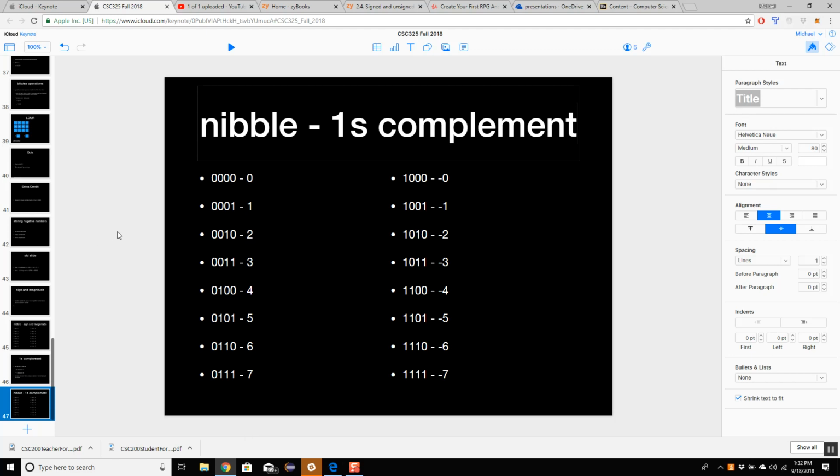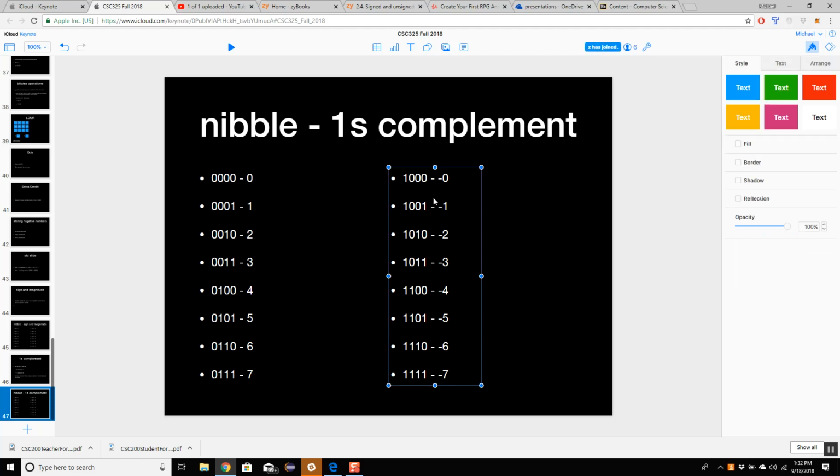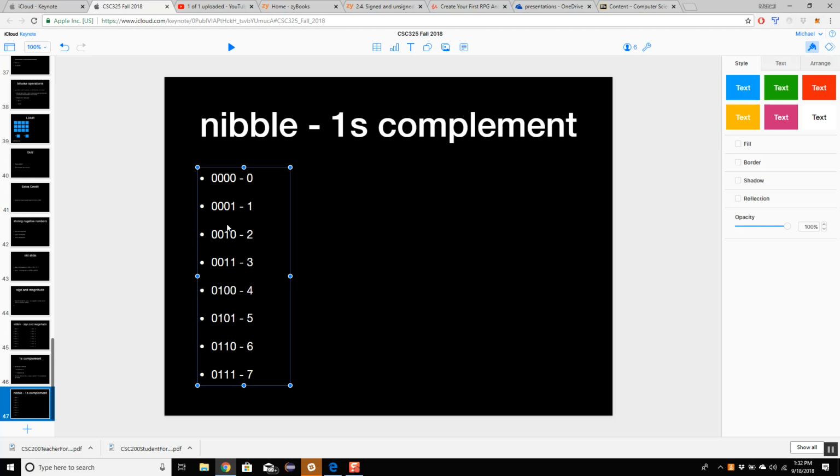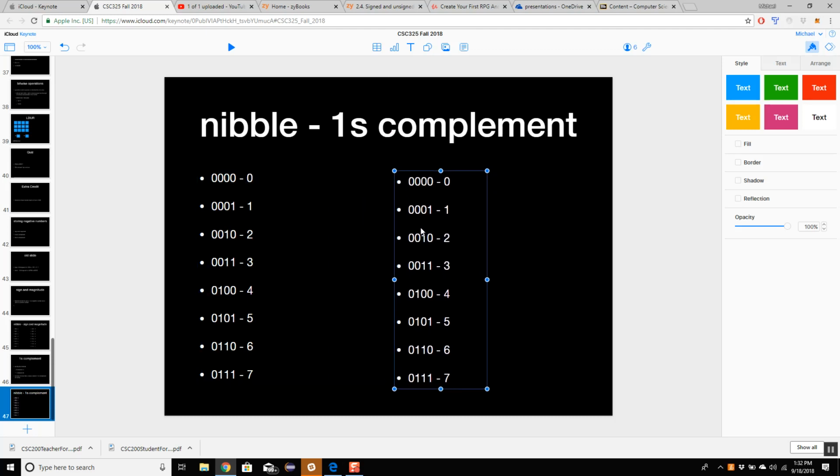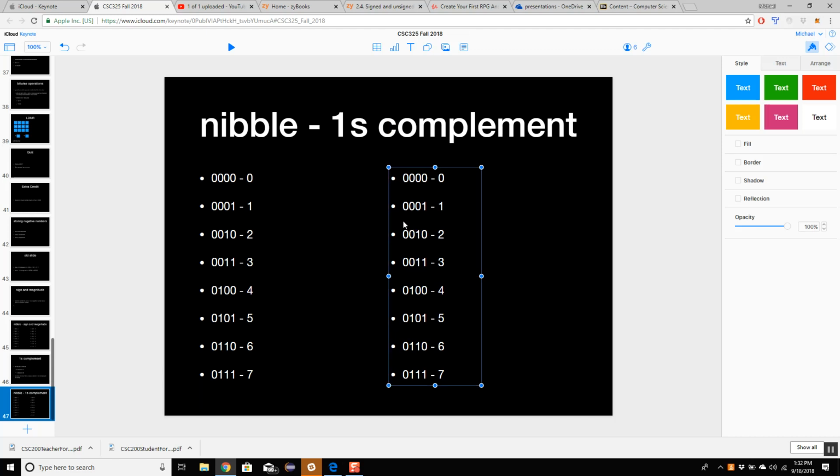All right, so now what we're going to do, let me just cheat here. I'm going to copy this again. All right, so notice that every single one of these guys has a 0 in front of it. So before, we just changed the 0 to a 1. Now I'm going to flip all the bits.